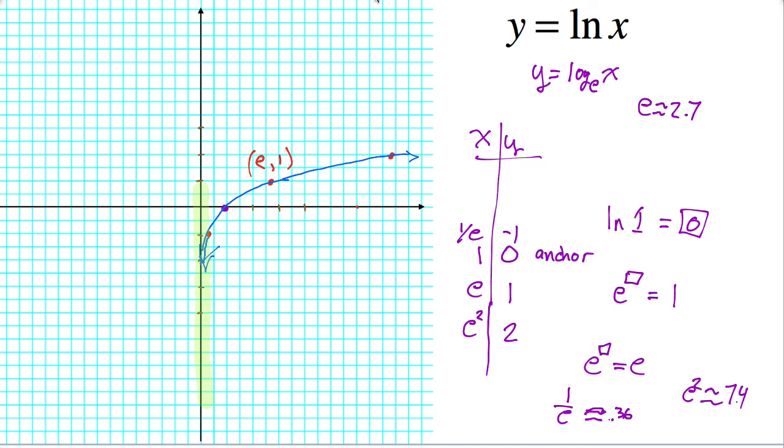Let's talk about domain and range. What is our domain? And what is our range? Well, the domain, again like before, x has to be greater than 0. The range, all real numbers. And that's it for parent functions of logarithms.